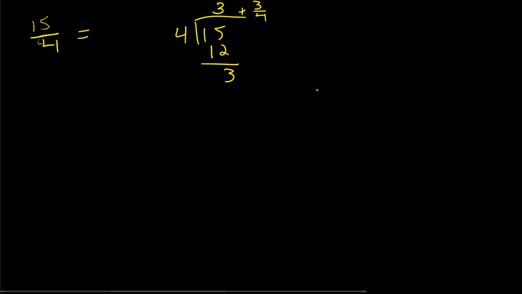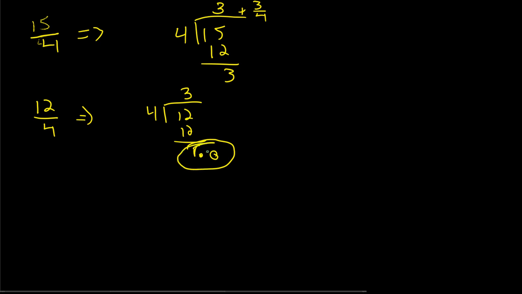But if I were to divide 12 by 4, it goes in 3 times with a remainder of 0. 0 remainders show us we have perfect factors. And let's show this in reverse.